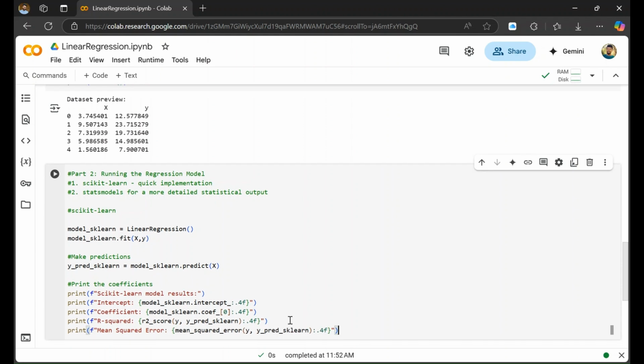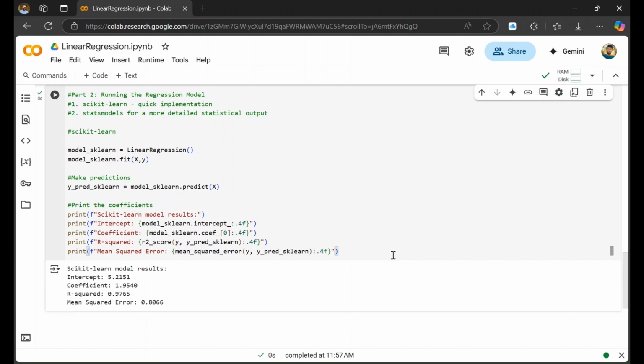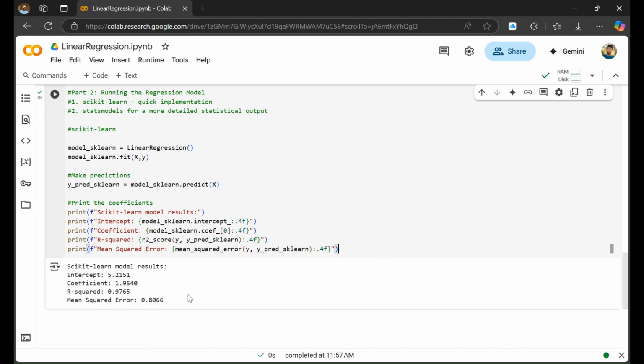Now this will give us the predictions using the scikit-learn library. So now our intercept is 5.2 and coefficient is 1.9. R squared is 0.97. Mean squared error is 0.806. I will explain everything once we are done with the implementation.